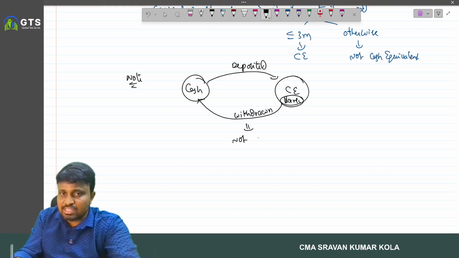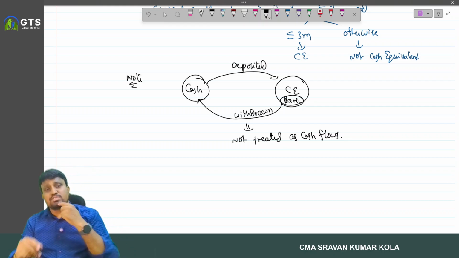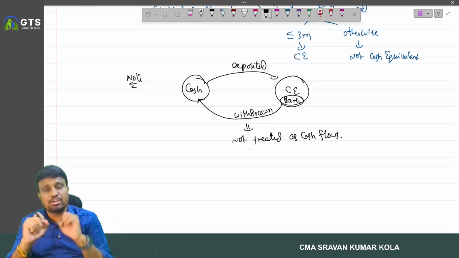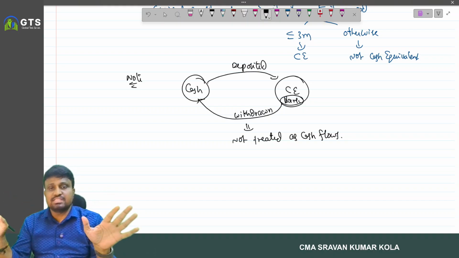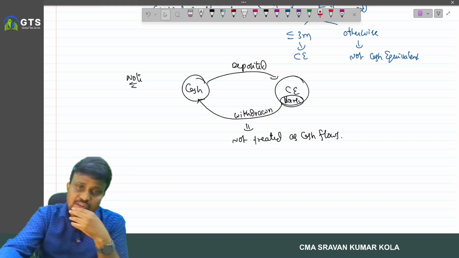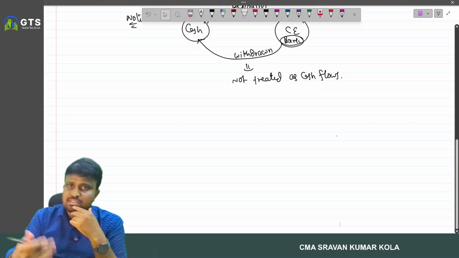Remember, these are not treated as cash flows. Any movement made between cash and cash equivalent items cannot be treated as a cash flow.